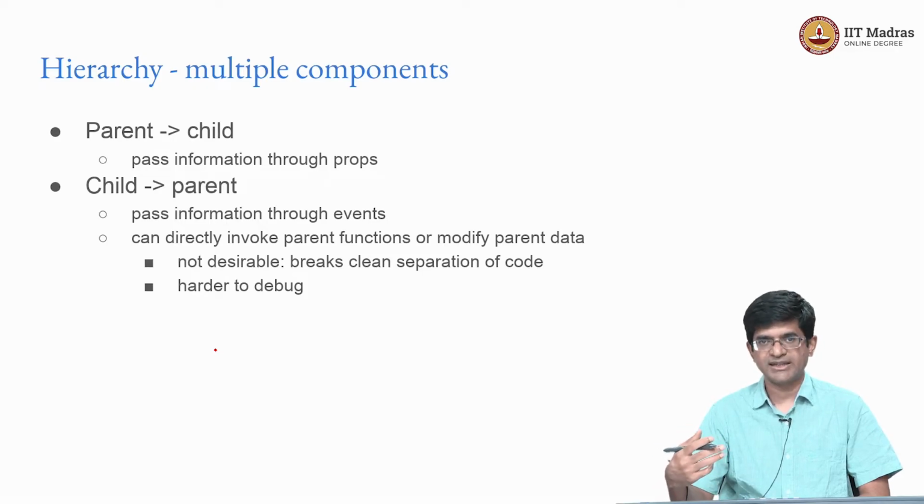The components can themselves contain subcomponents inside them. In all of those cases, the way that I usually communicate between a parent and a child component, or between the top level and the child components of the top level, is that we pass information through props or properties. So parent to child information can be passed by means of the props.